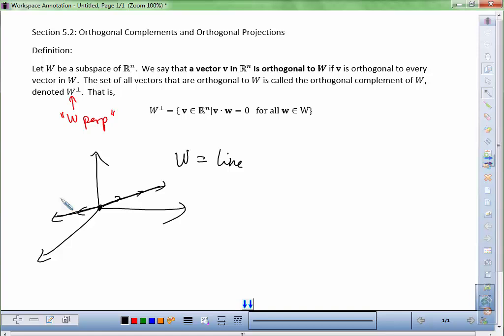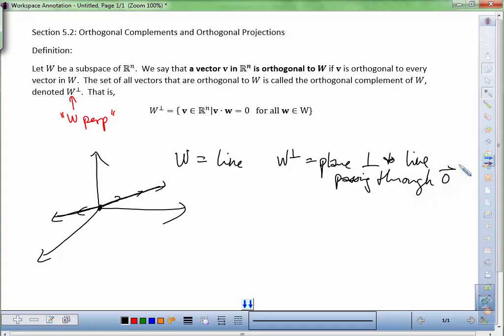Passing through the origin. Okay? So W perp would be a plane perpendicular to the line passing through the origin. Okay? And so if you have a plane to start with as your subspace, then your W perp would be a line perpendicular to that plane passing through the origin.